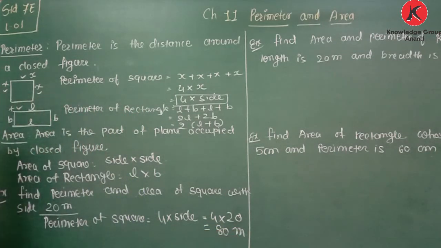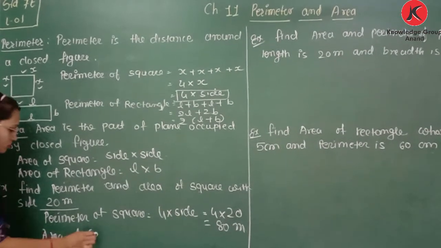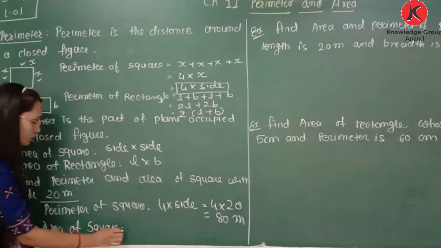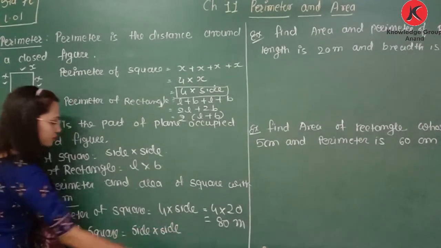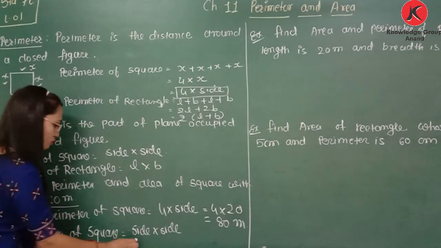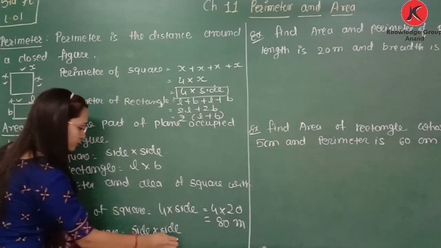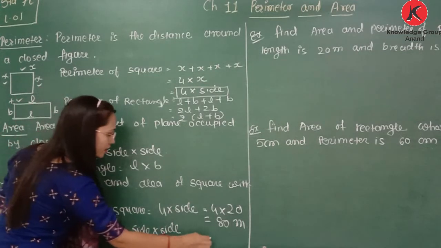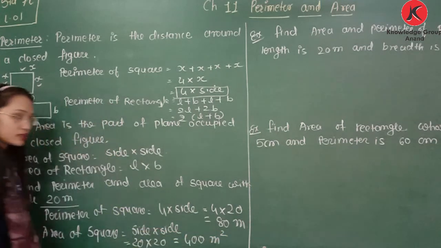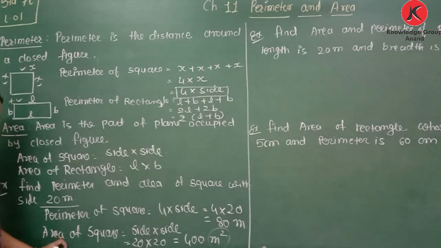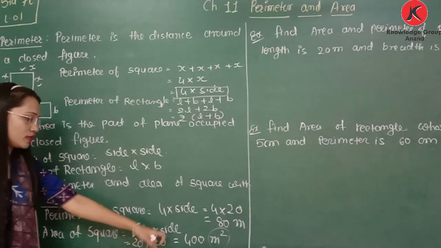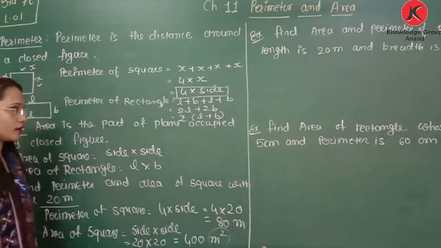That is the perimeter. Now area of a square, side multiplied by side. Side is 20, that is given. So 400 meter square. This is the unit for area, meter square. So area of a square is 20 multiplied by 20, that is 400 meter square.